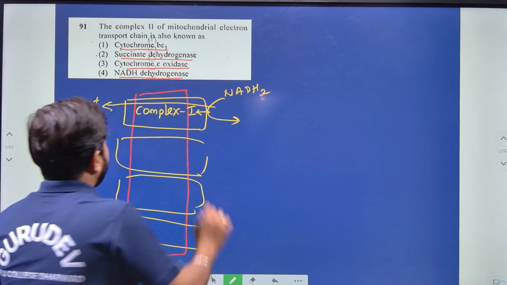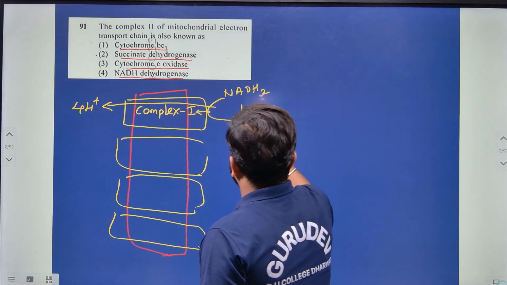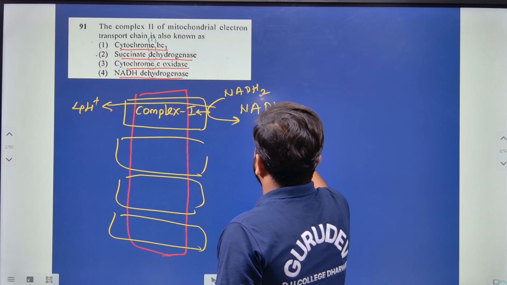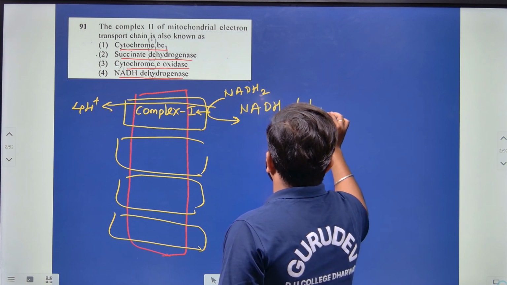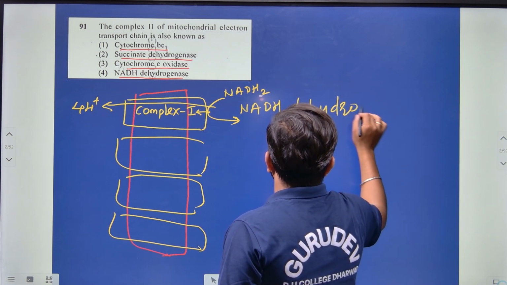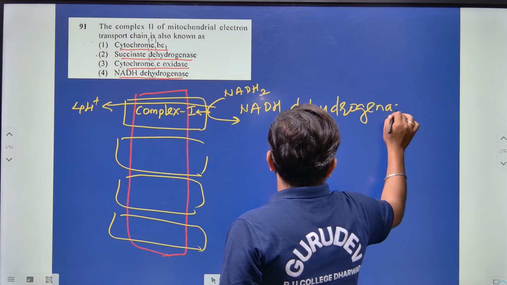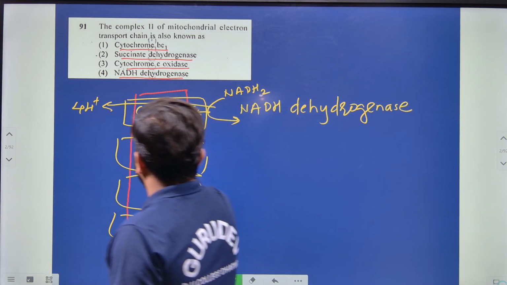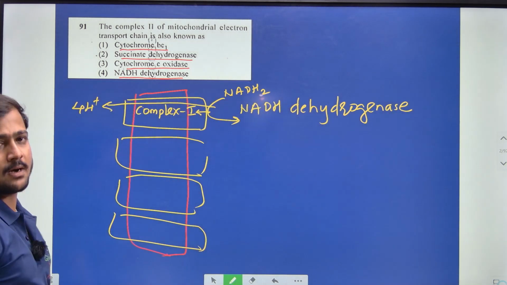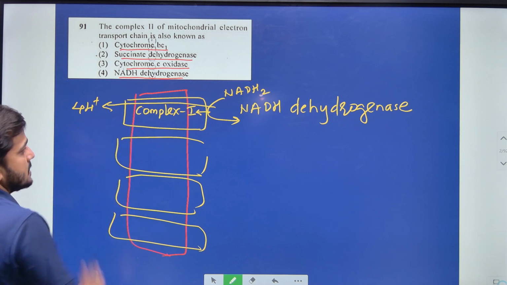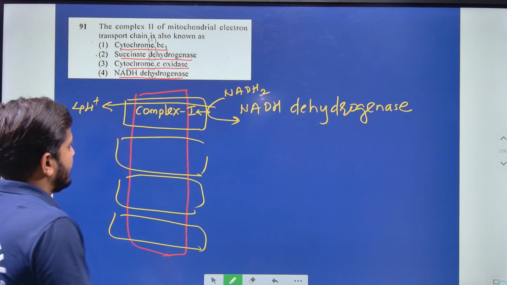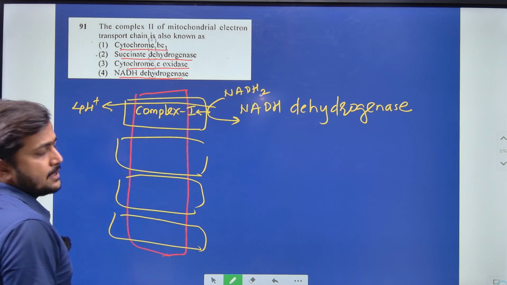Here mainly the NADH dehydrogenase will come, which reduces this component and releases electrons inside the electron transport system, giving back protons. That is with respect to complex 1.